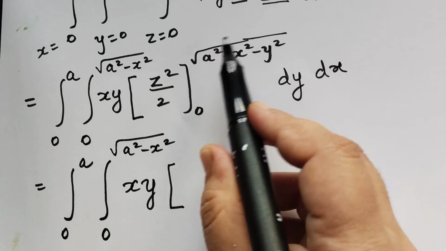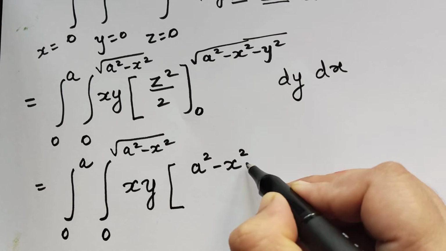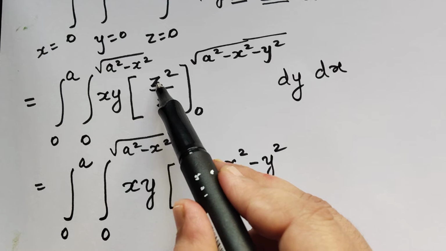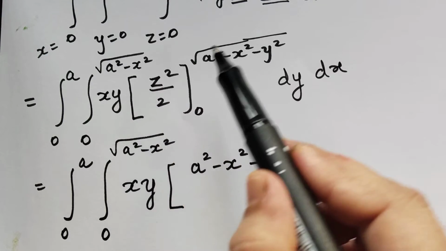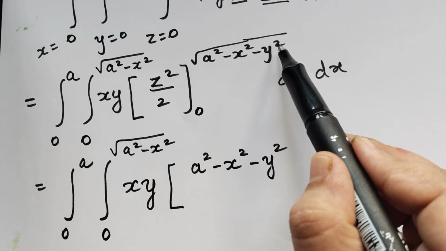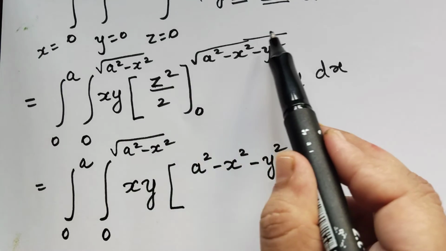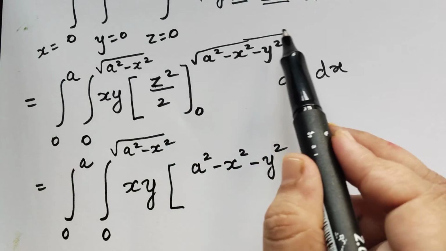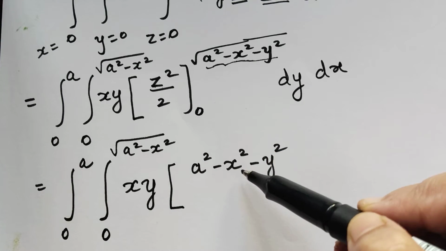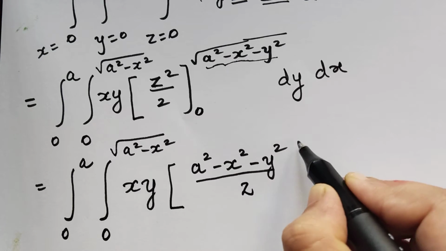The square and the square root will vanish, so we will be left only with the inner term, a square minus x square minus y square, divided by 2.